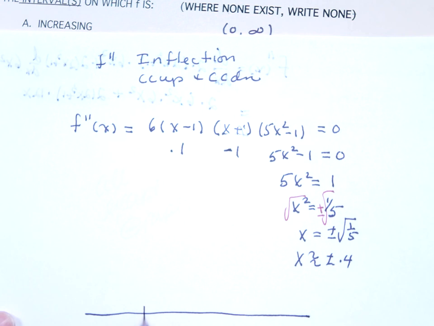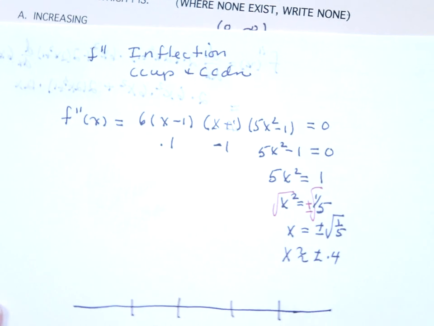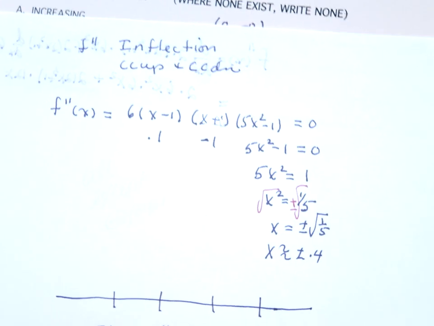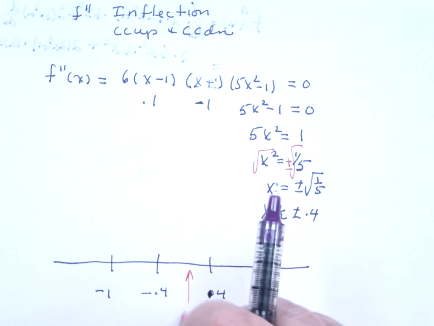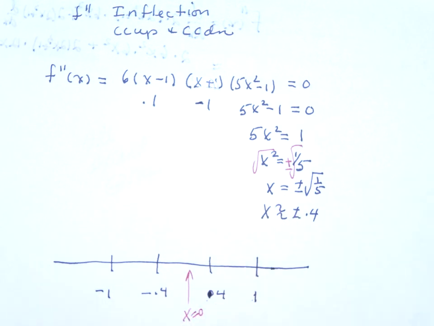And so it's going to be negative 1, negative 0.4, positive 0.4, positive 1. All multiplicity 1, so it's going to change all the way across. So 0 is available to me as my test point.